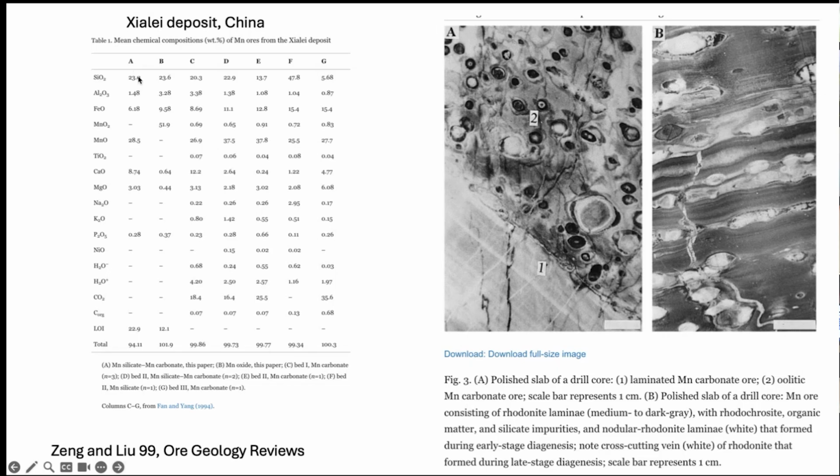So these are different examples, different types of the ore. Very low in silica for the most part. The manganese varies a lot, up to almost 40%. So that's ore grade, right? And these are what they look like. So this is 1 centimeter down here.